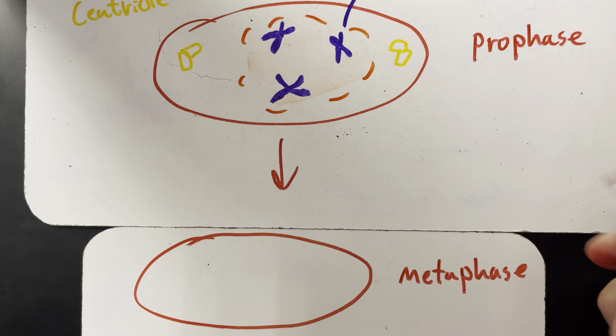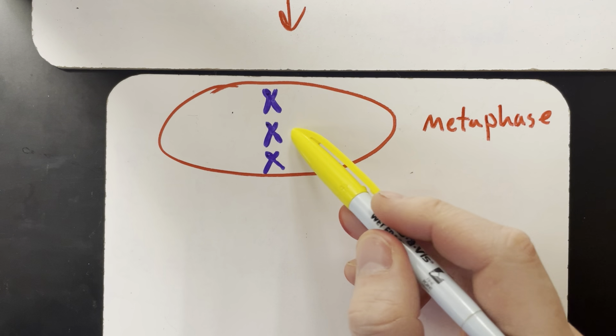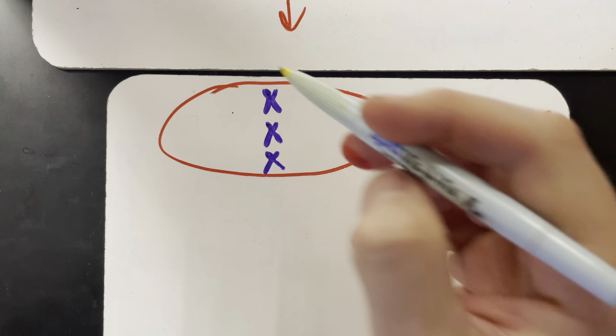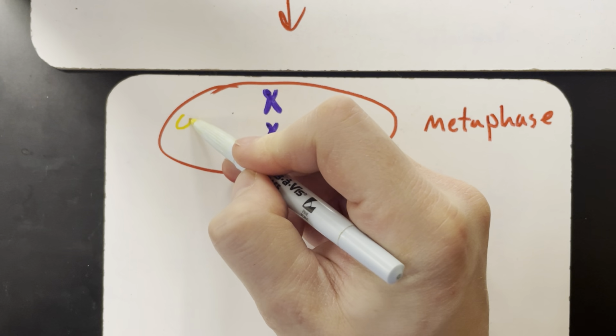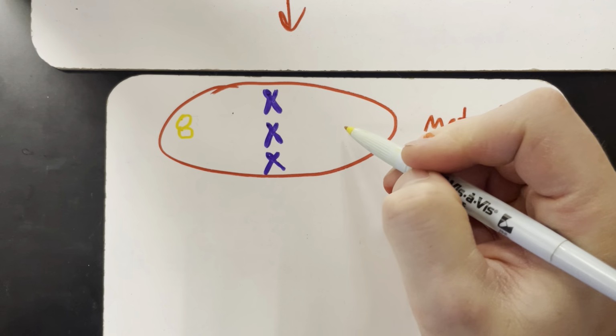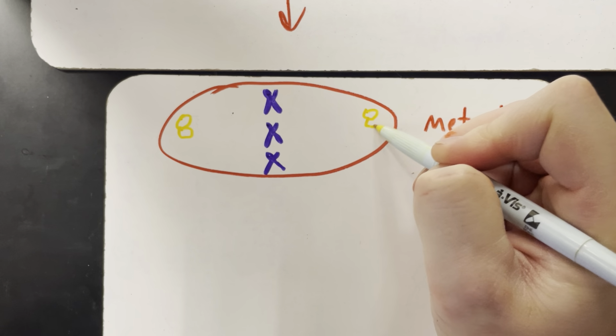Like this. And tomorrow we'll do a lab. You'll actually be able to see cells that are lined up like this. The centrioles are at opposite ends.